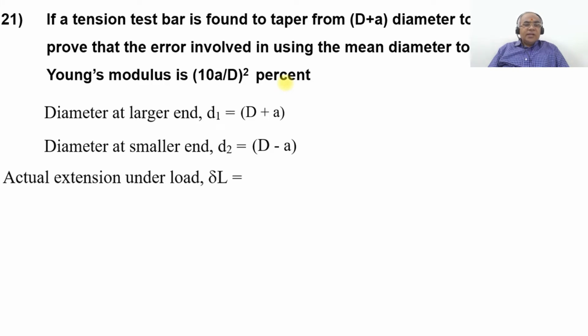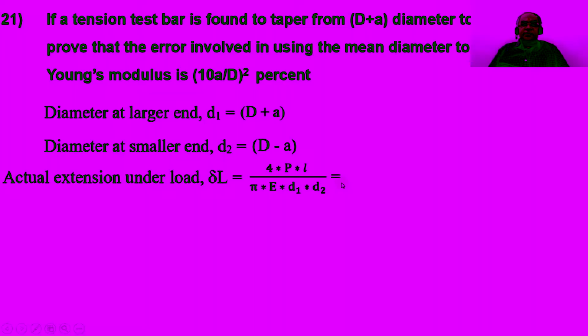Then the actual extension under load, delta L, will be equal to 4 into P into L divided by pi into E into D1 into D2. You know the values of D1 and D2, so you substitute these values. D1 is D plus A and D2 is D minus A. So you get 4 into P into L divided by pi into E into (D plus A) into (D minus A).